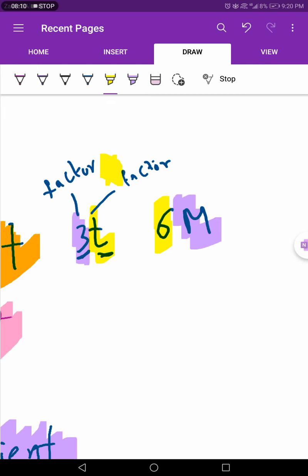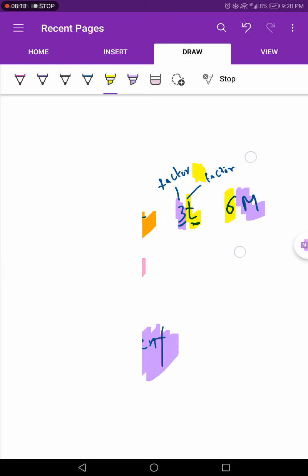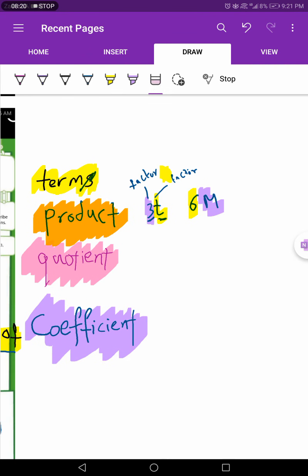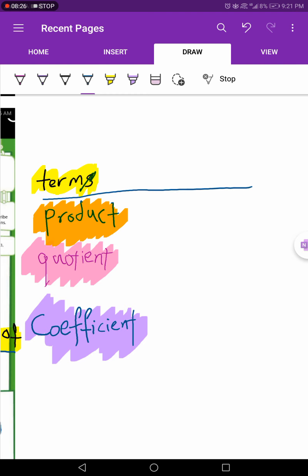We call 6 multiplied by m the product of 6 and m. Another example, 12r. Here we have 2 factors, 12 and r, and we say the product of 12 and r.